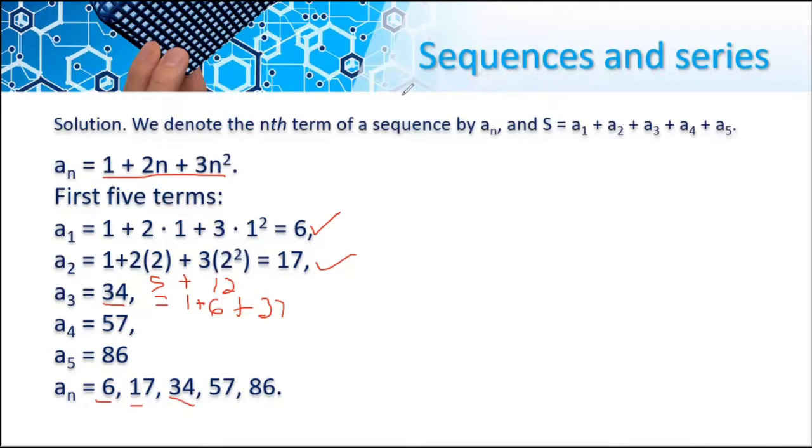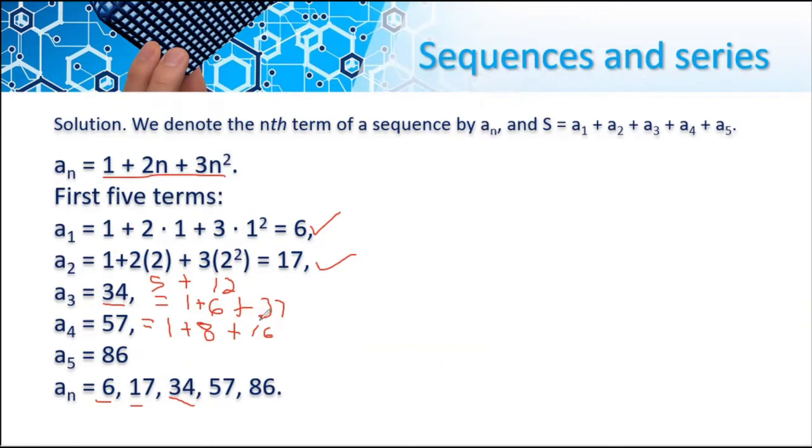Next ay yung ating 57. So, nanggaling siya sa 1, 4. Ang gagamitin nating term. 2 times 4, meron tayong 8. 1 plus 8 plus 4 squared is 16. And 16 times 3.